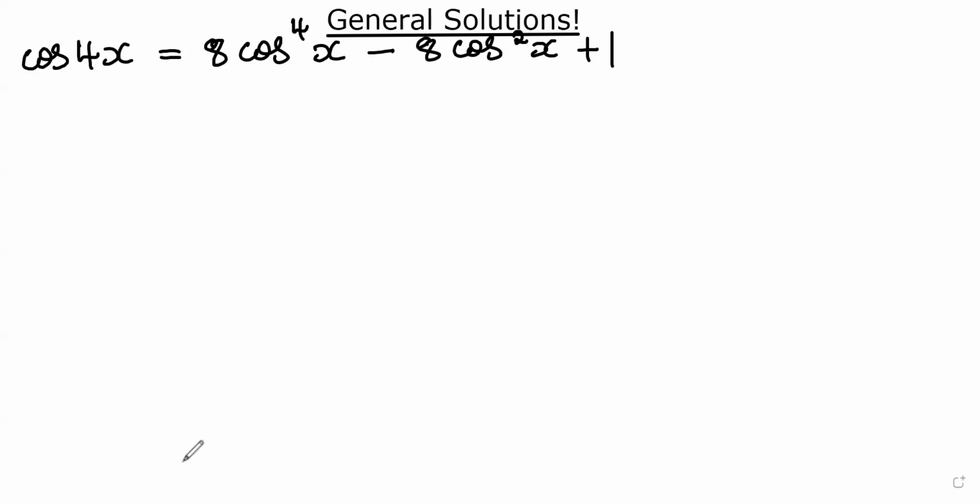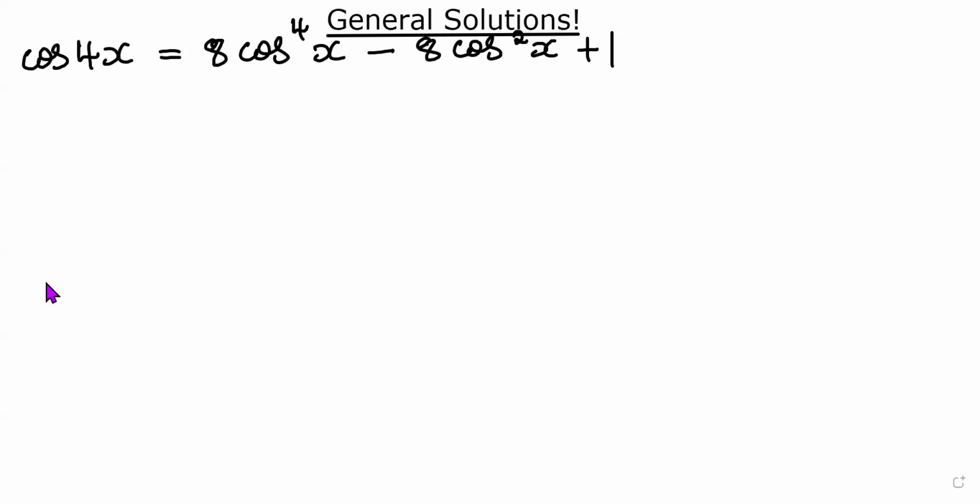Then the next question says hence, and the word hence means you use what you found previously in order to do this question. So in the previous question, you have proven that every time you see cosine 4x, you actually see this expression here.